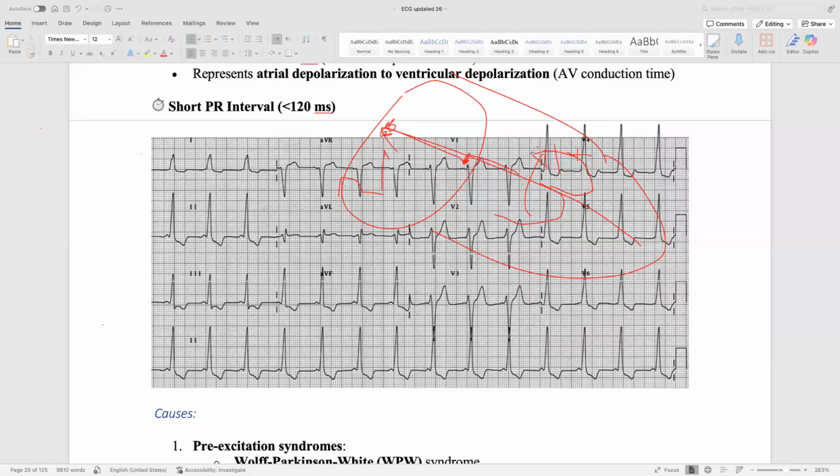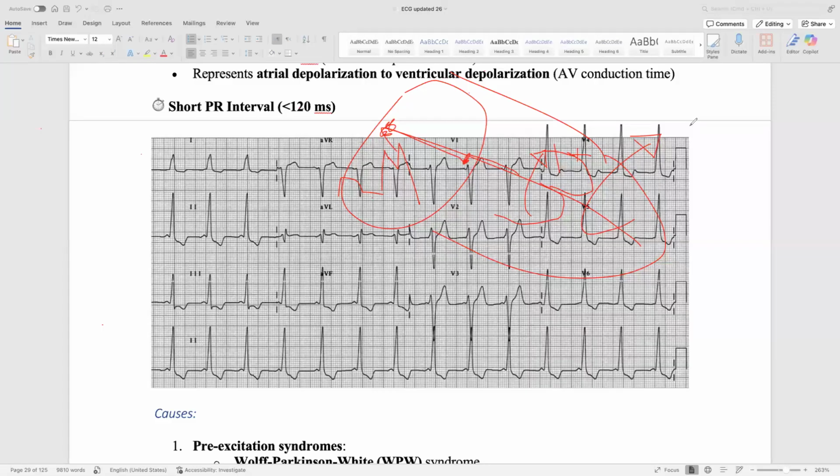The electricity will go here, giving us a signal in the left lead. The electricity this way. So in these leads, in the lateral leads, there will be M shape. If there is M shape in the lateral leads, this is left bundle.